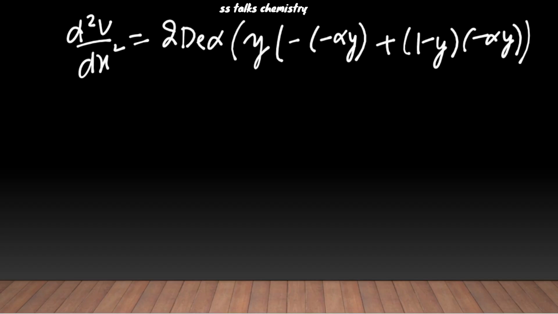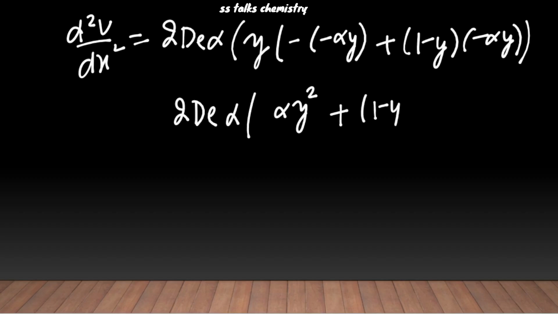This we are getting. So 2 De alpha into alpha times y square plus 1 minus y into alpha times y. So negative sign is there. So you can write this one as y minus 1. So this is the value.